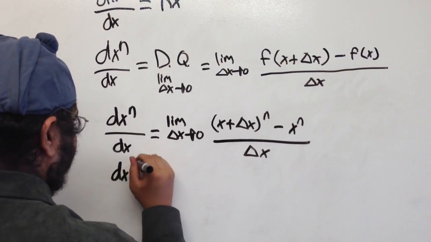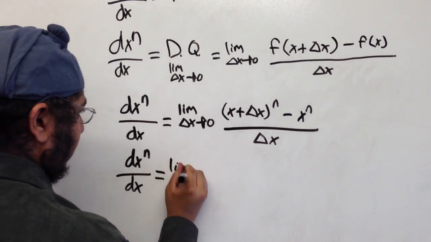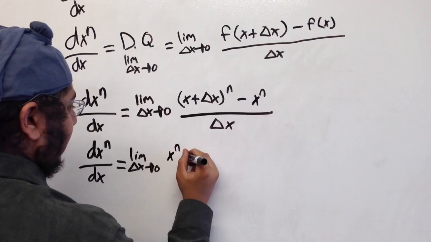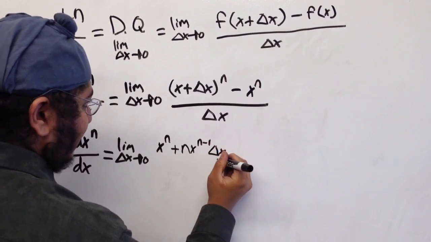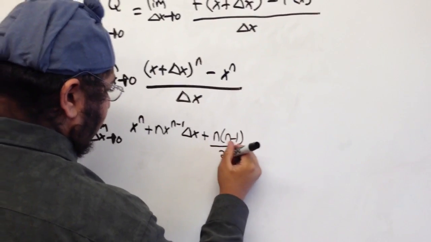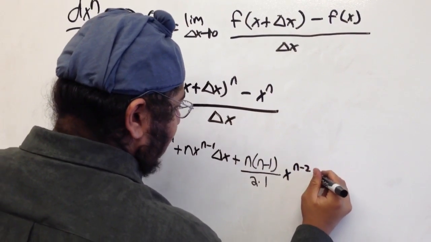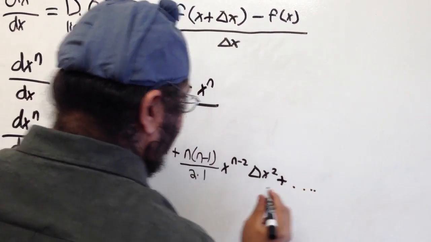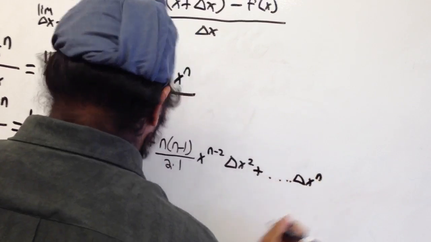The derivative of x to the n with respect to x being equal to the limit of delta x approaching 0, x to the n plus nx to the n minus 1 times delta x plus n times n minus 1 over 2 times 1 times x to the n minus 2 times delta x squared plus many more terms of delta x increasing in power, the last term being delta x to the power of n.